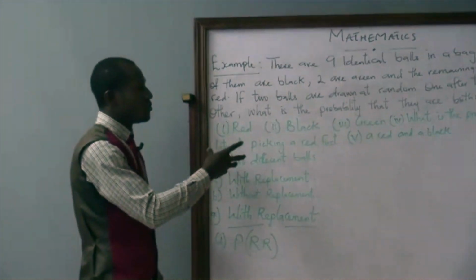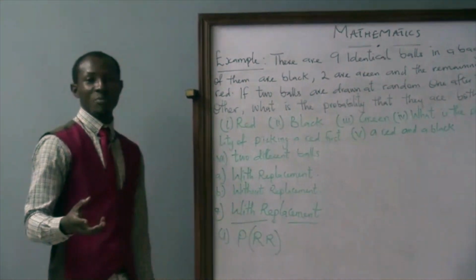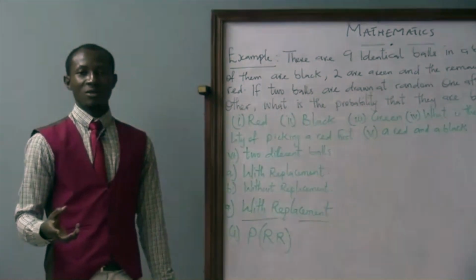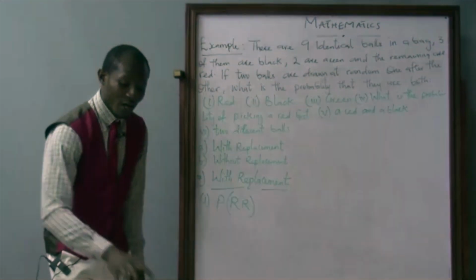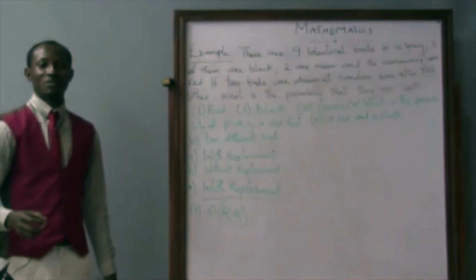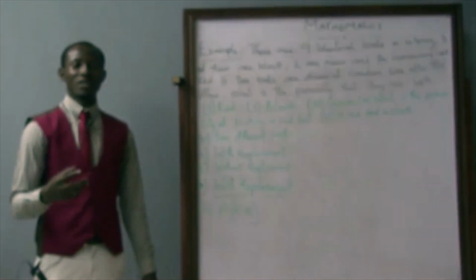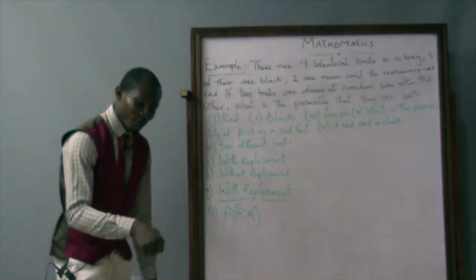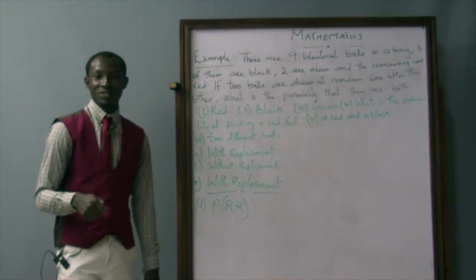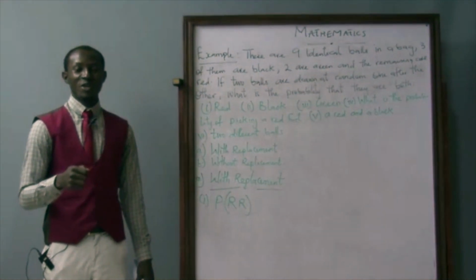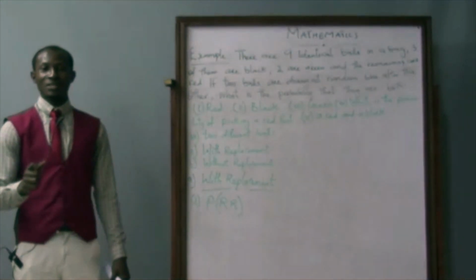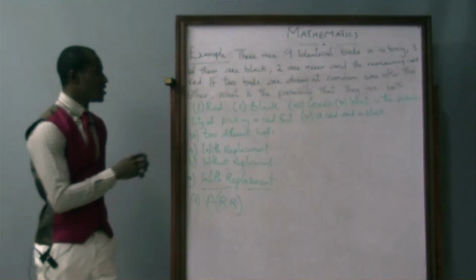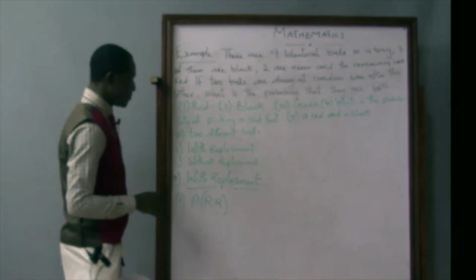And the word random is saying that we should not be biased. You close your eyes and just pick one. You can't open your eyes and pick. If you're looking for the bigger piece of meat in the pot, then you are not picking at random. But if you really want to pick at random, close your eyes and pick any one. Anyone you pick is your meat. So that's randomness, and in this case it must be random.